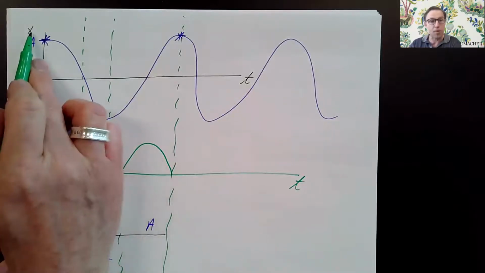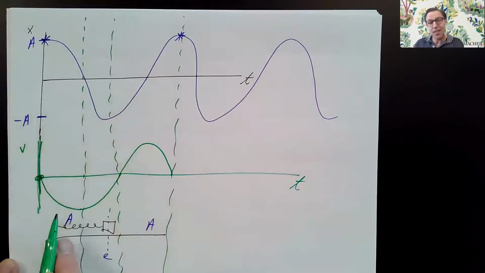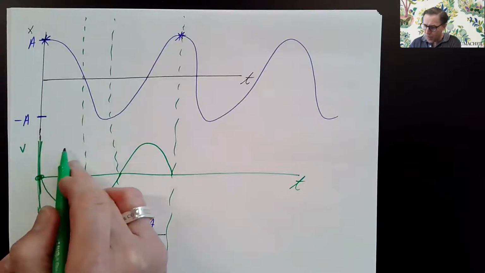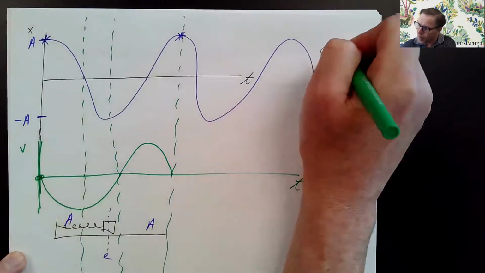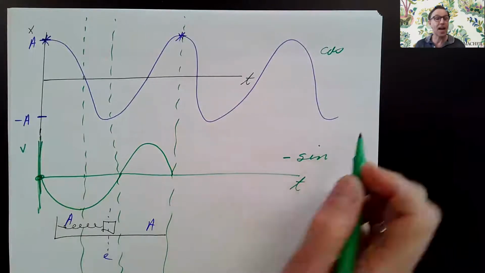The position versus time graph looks like a cosine. And if you paid attention during the trig lessons in your math class, you're thinking, well, this sort of looks like a sine, but sine went this way. So this was a cosine graph. This is a negative sine graph.